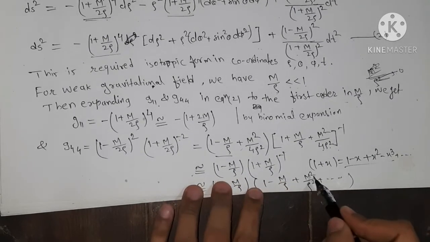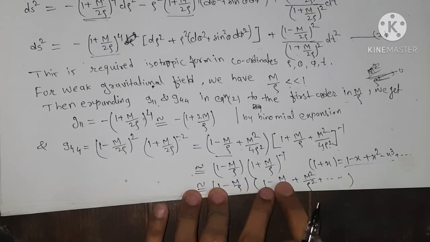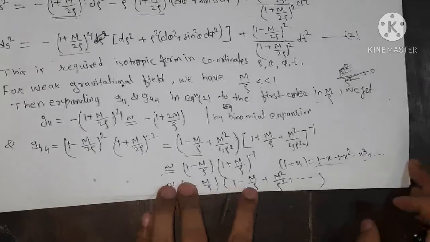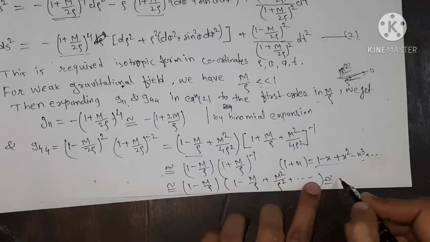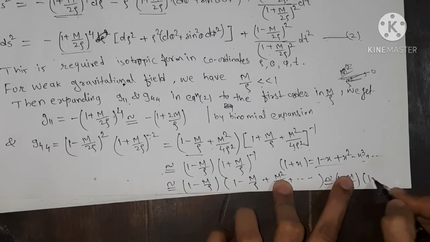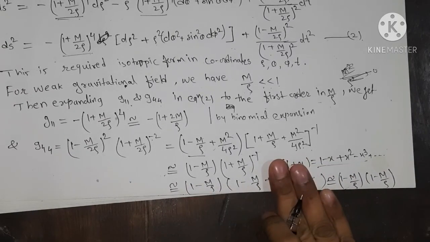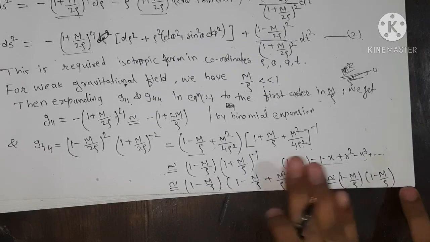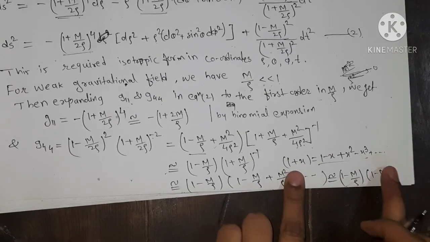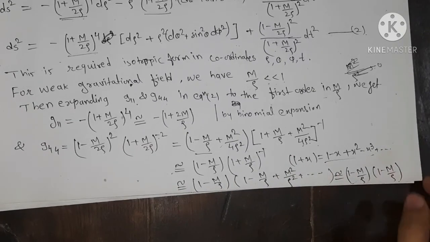Again we are taking up to the first order approximation, so this is approximately equal to 1 minus m upon rho into 1 minus m upon rho, as all these terms are neglected. So we have only 1 minus m upon rho. Now 1 minus m upon rho into 1 minus m upon rho, so this is bracket square, and we expand the bracket square.